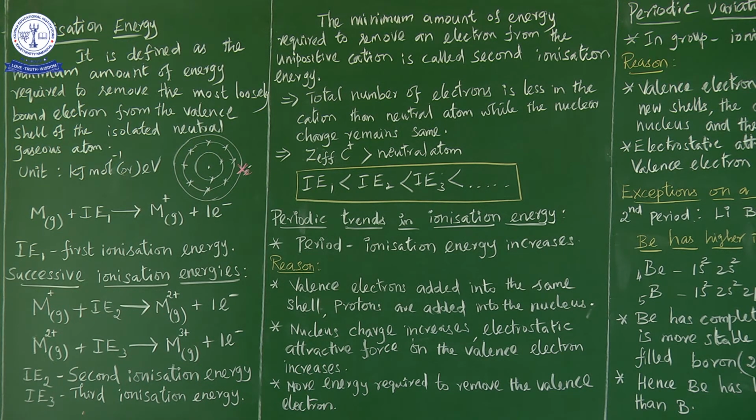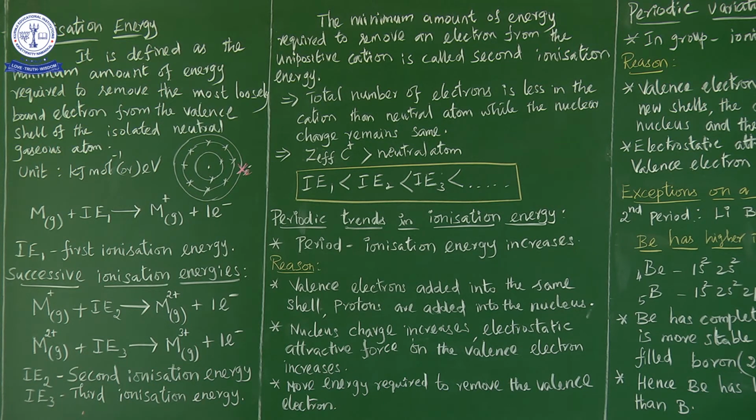M plus is already an electron-deficient ion, so it is positively charged. Now it further releases one electron, and it gains M2 plus. So a bivalent metal cation is formed. Bivalent means two valency. A bivalent metal cation is formed by applying the second ionization energy, IE2.